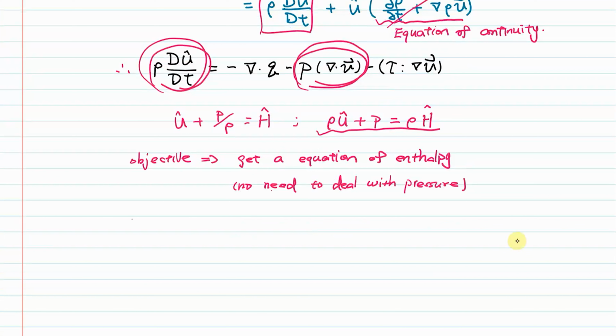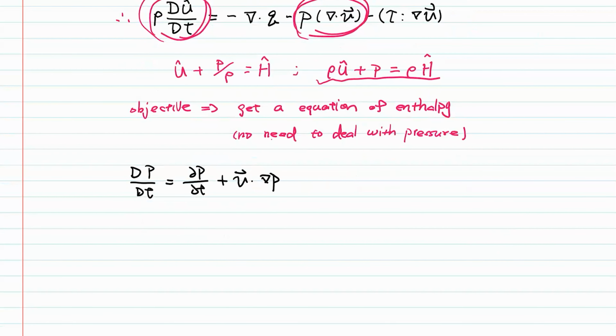So we have the substantial derivative of pressure, DP/Dt, equals partial P partial t plus v dot the gradient of P. This is by definition.